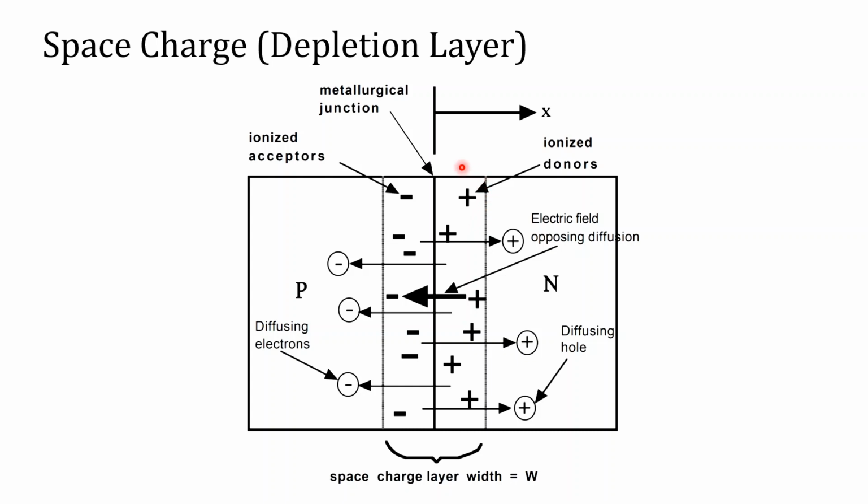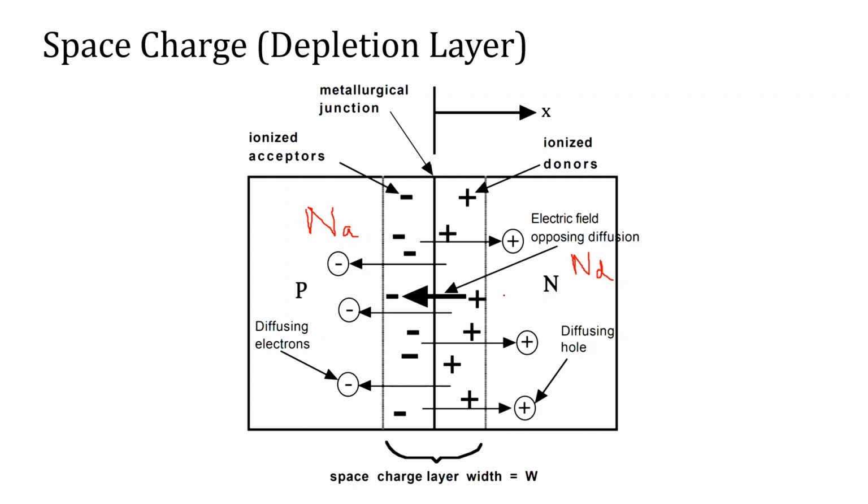Now what will be the density of these charges? If Na was the density of acceptor atoms, then Na will be the density of holes also in the p side. Similarly, if Nd is the density of donor atoms, then Nd will be the density of electrons also in the n side.